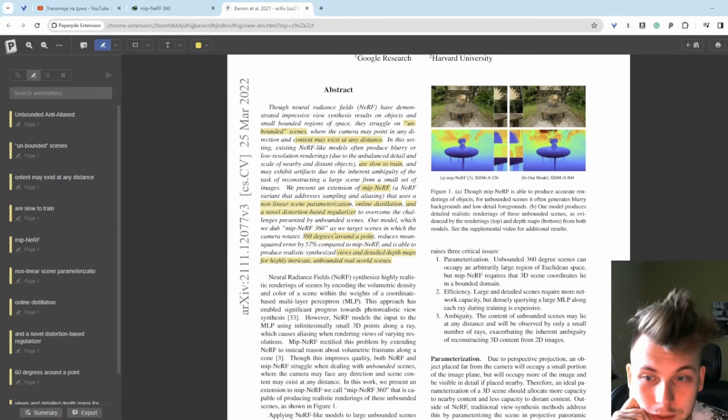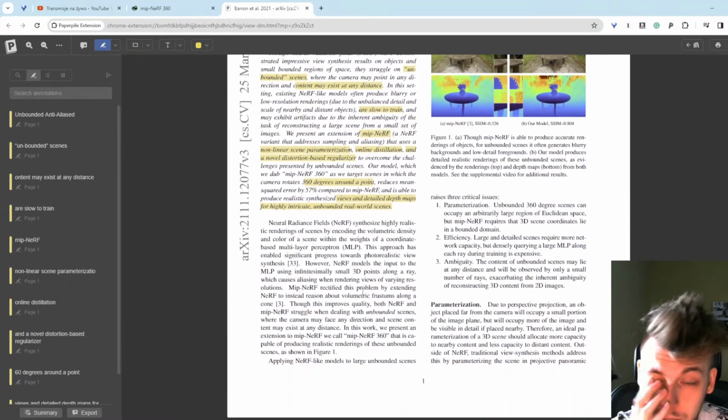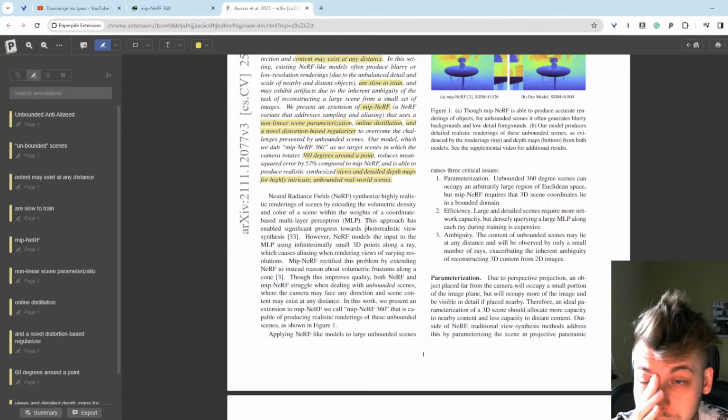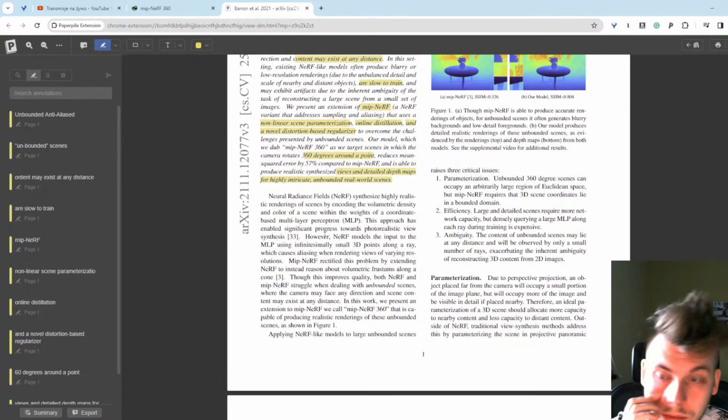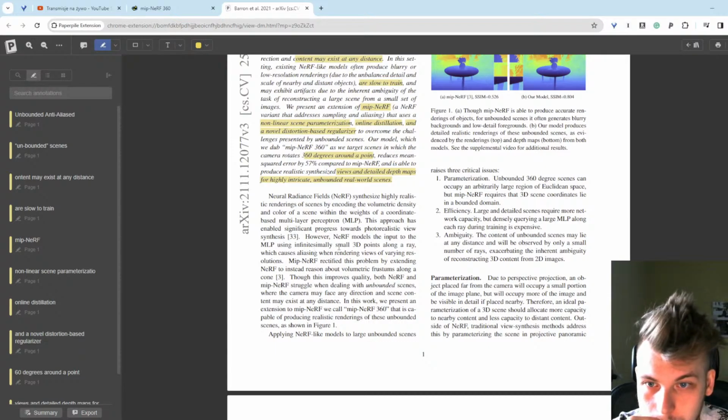So let's look at it. There is the intro. Yeah, NeRF models the input to the MLP using infinitely small 3D points along a ray, which causes aliasing.